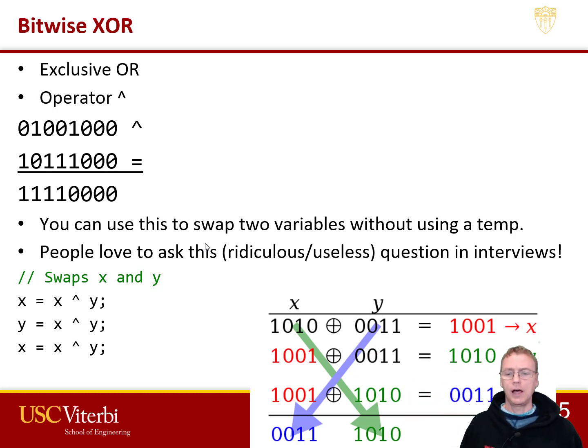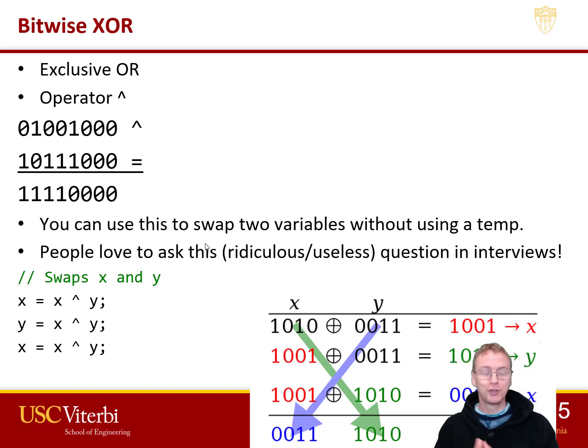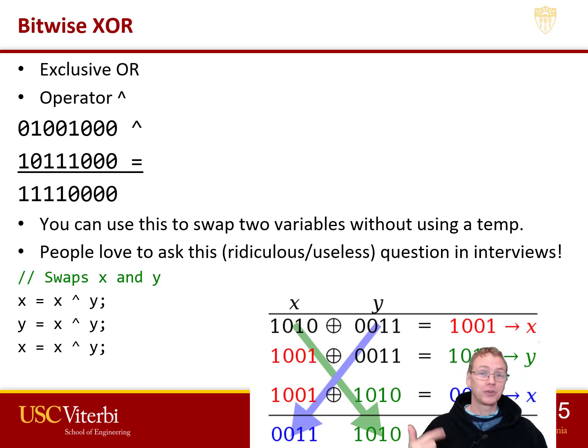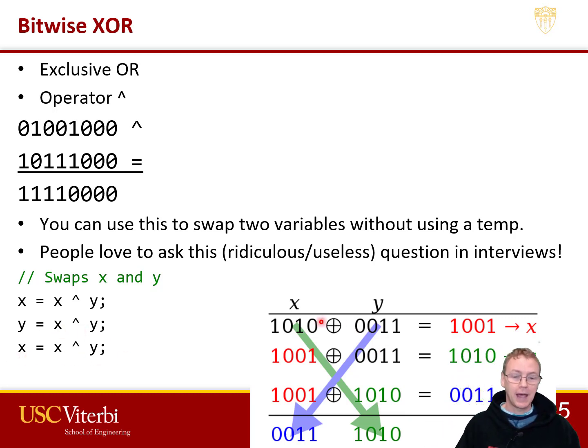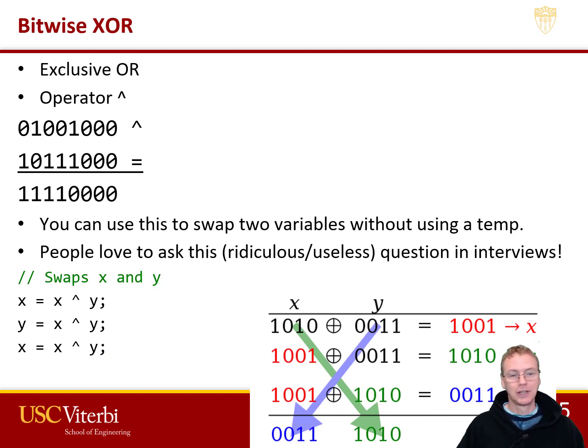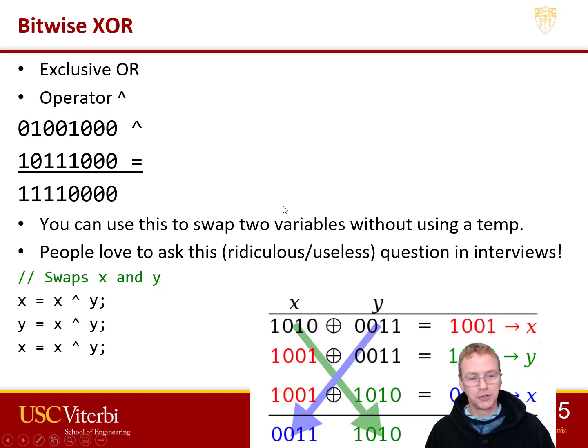Done. But if for some reason you do not have one more register, like you've used every register, what can you do? You can say x equals x exclusive OR y, y equals x exclusive OR y, x equals x exclusive OR y, and what will happen is the bits will swap places. So that's sort of useful to know if you encounter that question.